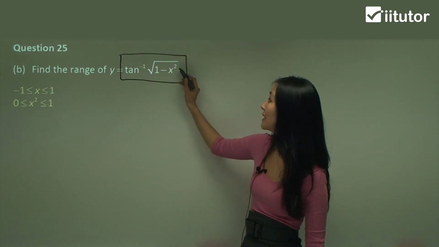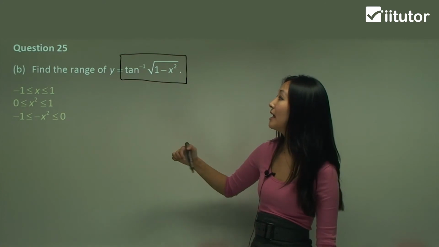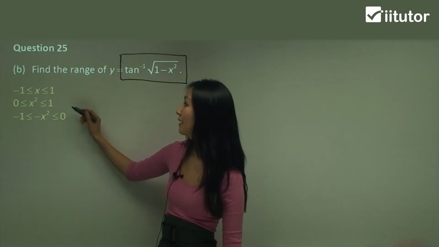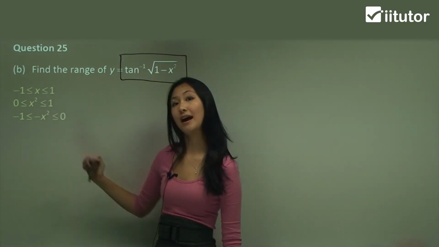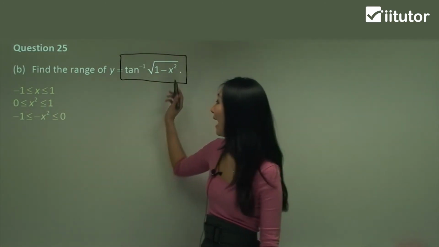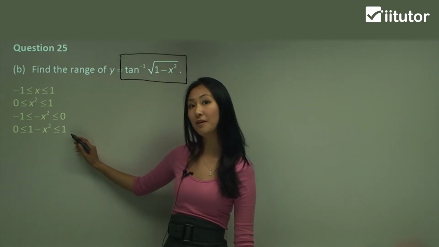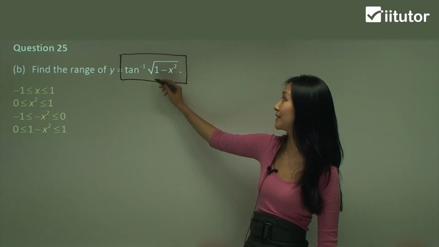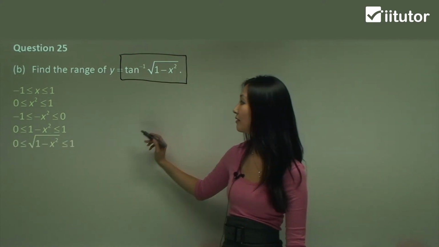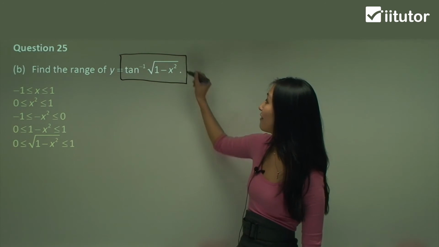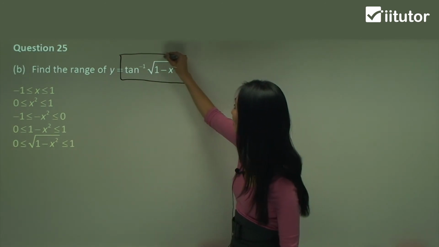And now we need to make it negative x squared, so multiplying everything by -1, this becomes -1, that stays as 0, and the signs are flipped. Adding 1 to both sides, that becomes 0, this becomes 1. And now we just need to square root everything. That stays the same, but this is square root. So we have gotten this portion here.